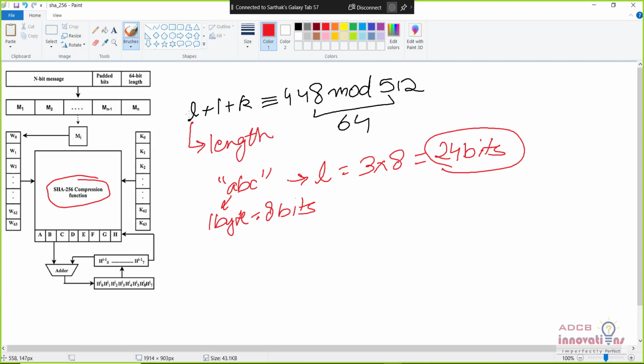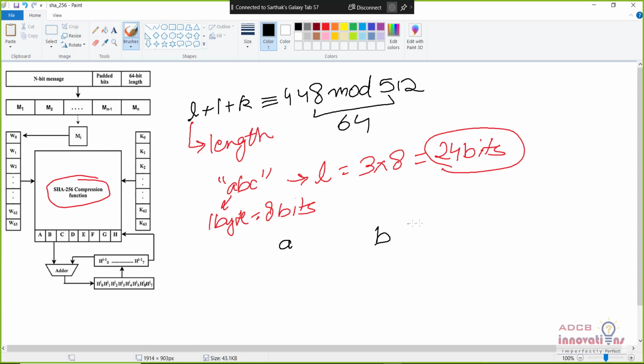Next, we need to make sure the input is a multiple of 512. Before that, let us see one more thing: this is our A, B and C, and we have calculated the length like this.